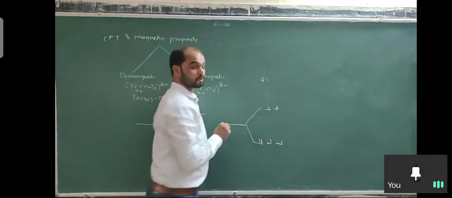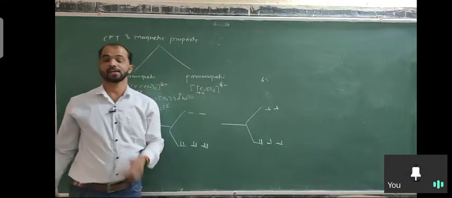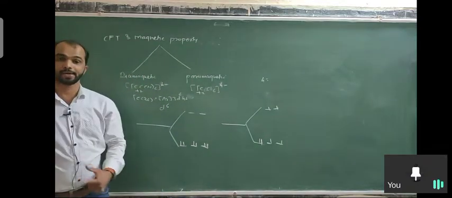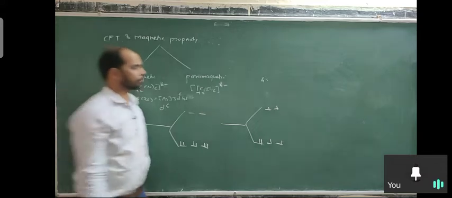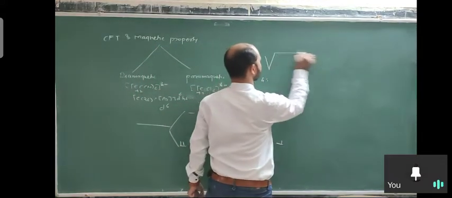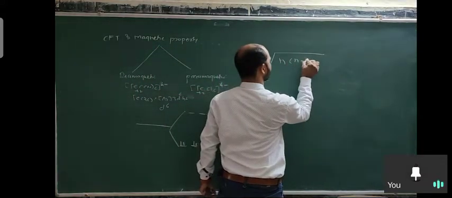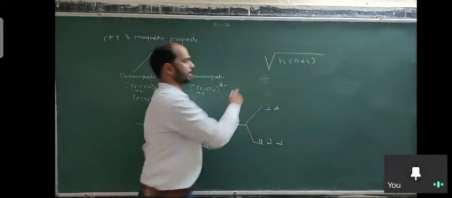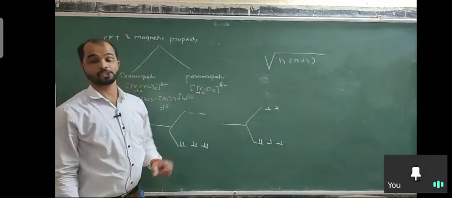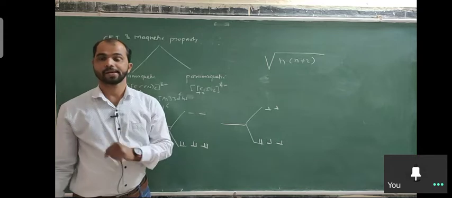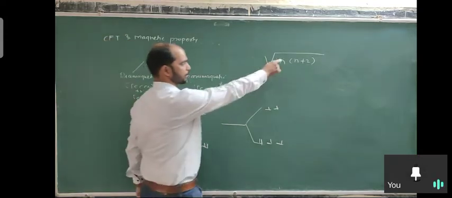It has 4 unpaired electrons, and we can calculate the magnetic moment using the spin only formula. The formula is under root n(n+2), which is used to calculate the magnetic moment, where n is the number of unpaired electrons.